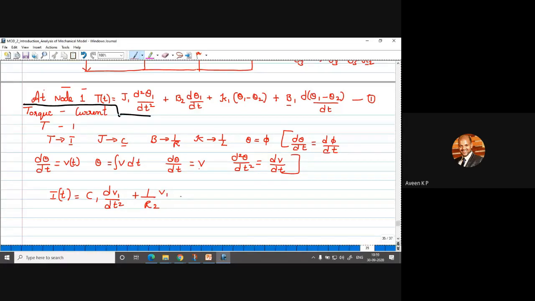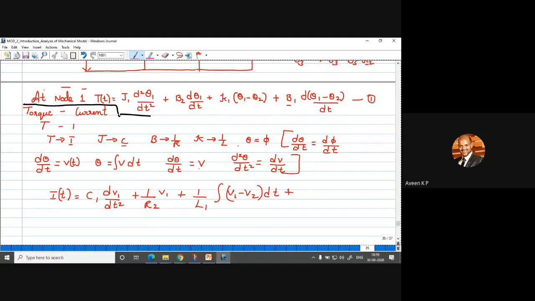Okay, so further the equation: K1 as 1 by L1. So theta 1 I will represent as an integration of v of t, so integration of v1 minus v2 dt. Okay, and I have one more element, that is B1.